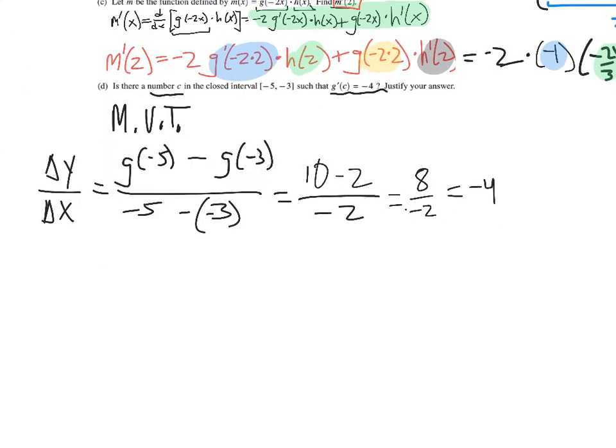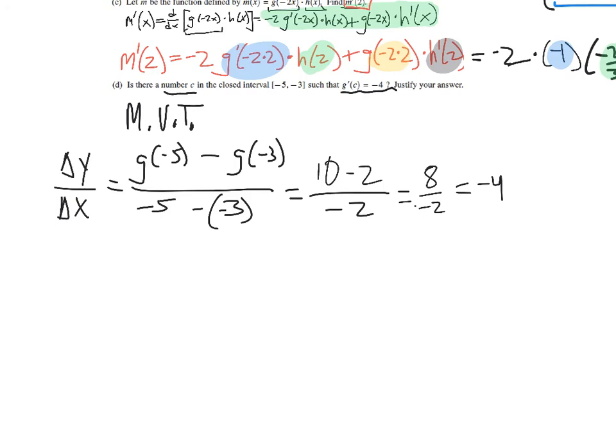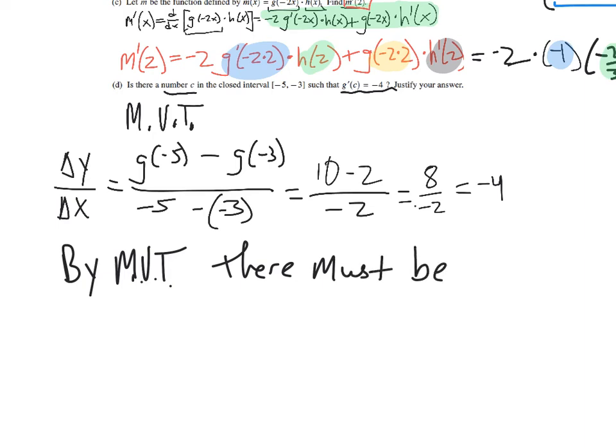Okay? So we can basically just say by MVT there must be a C. I'm just going to basically copy this down.